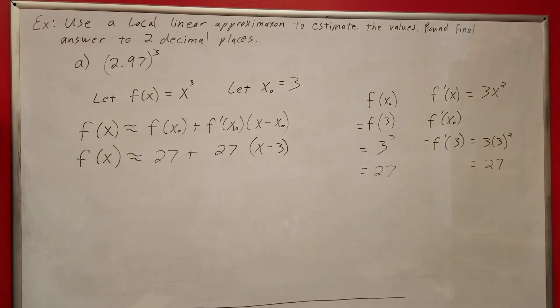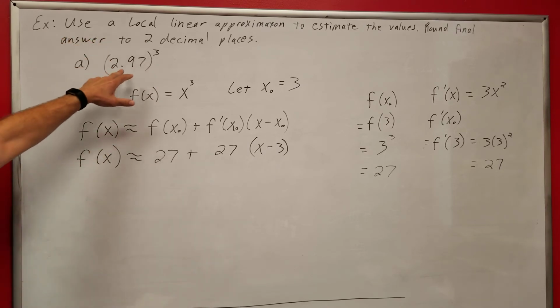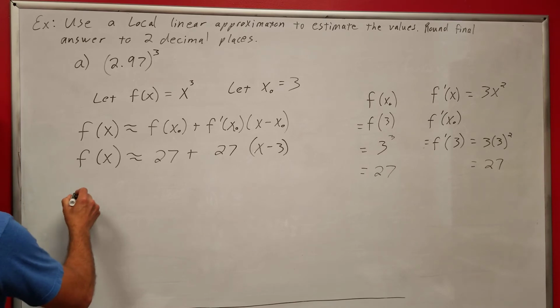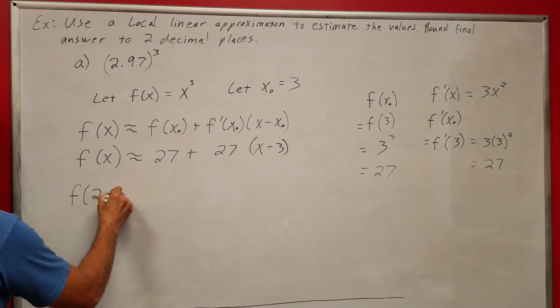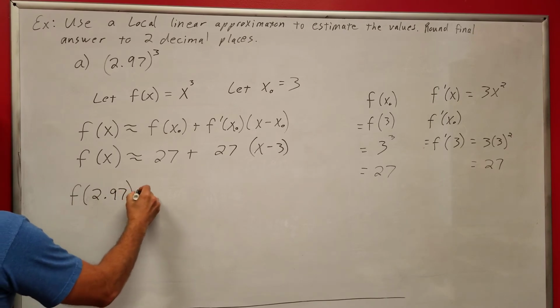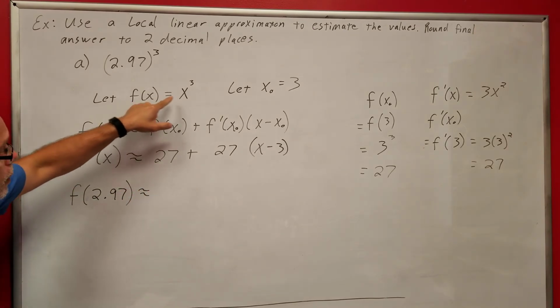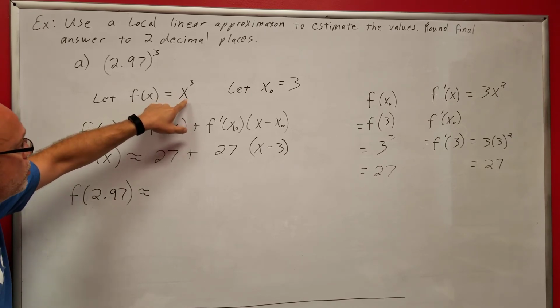Here is my local linear approximation. Now what do they say? They say use that local linear approximation to estimate the value of 2.97 cubed. So let's see, f at 2.97 is approximately, because remember, if f of x is x cubed, what is the x?